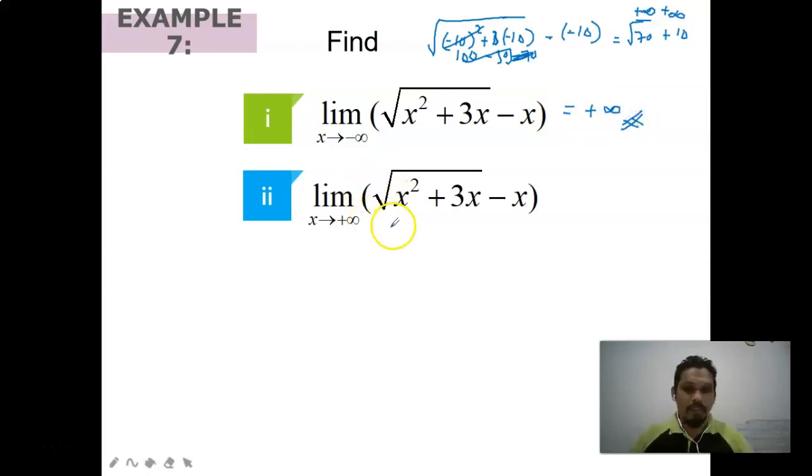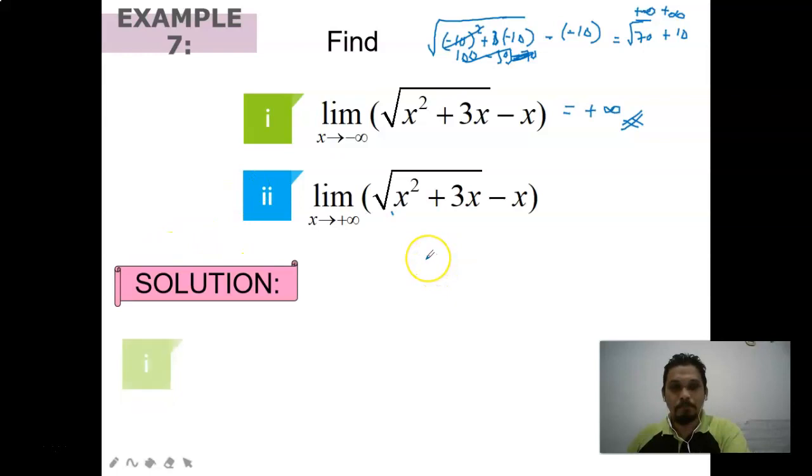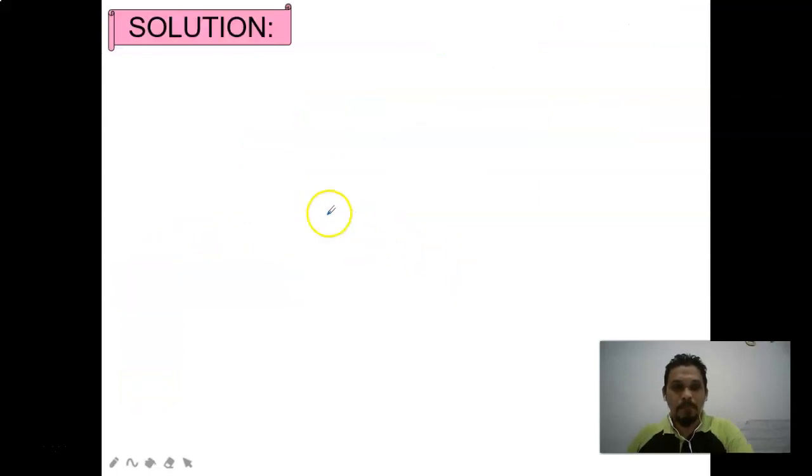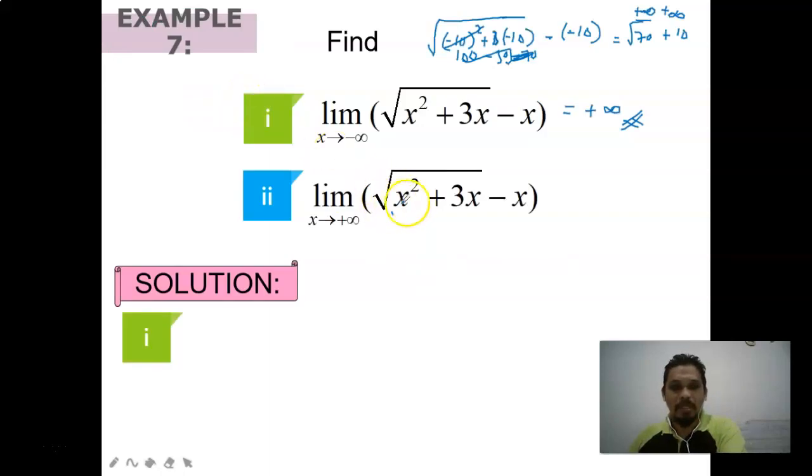Okay, then the second one here now: the square root of x squared plus 3x minus x.